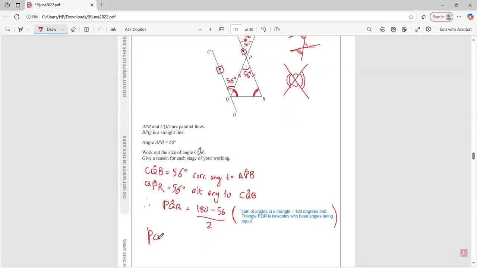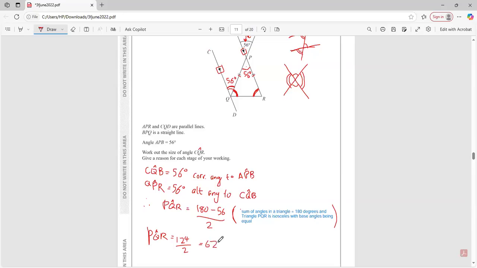Okay, good. So PQR will be equal to 180 minus 56, which is 124, over 2, which is equal to 62.